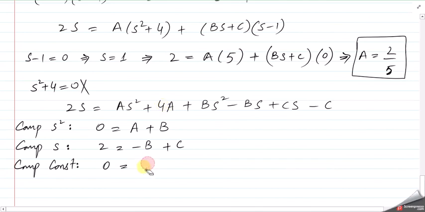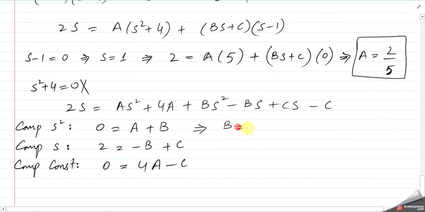4a is a constant. How do we know that 4a is a constant? Because there is no s with it. S here is a variable. 4a has no s with it, so that's why 4a is a constant. And minus c is a constant. Do not forget the minus, minus comes with it. Now we already know a, so that will help us.